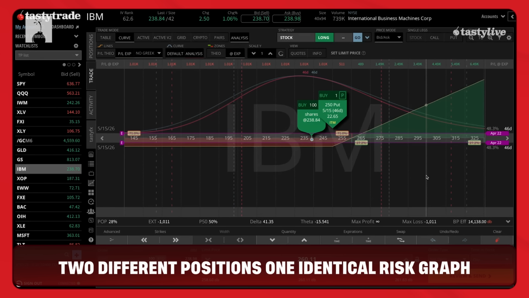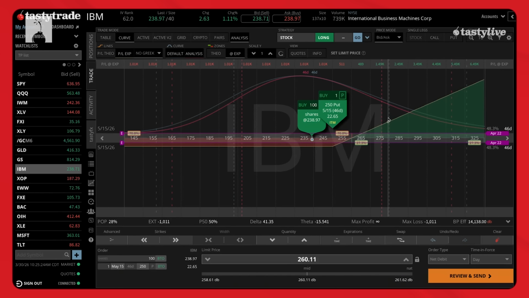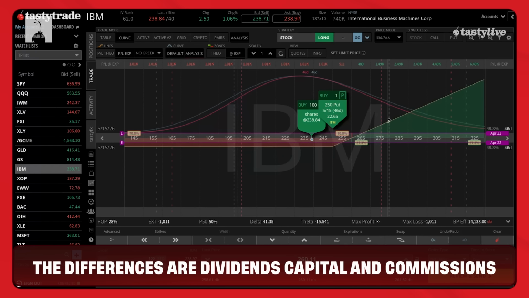Wait a second, that's the same graph. Oh, so you lose money as the stock goes down, you make money as the stock goes up. Long a 250 call in the same expiration, the May expiration, okay, is equivalent to buying stock and buying the 250 put in that expiration.